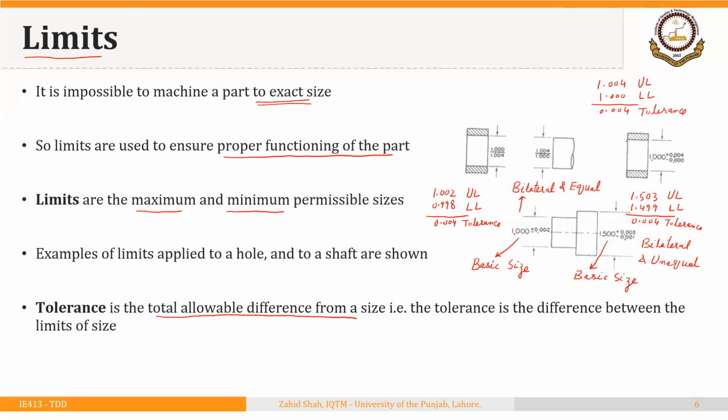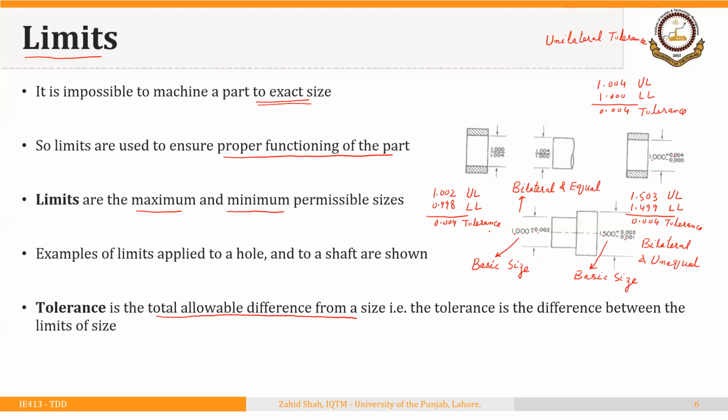The variation from the basic size is allowed in the upper direction only, and it is not allowed on the lower side. So that is example of unilateral tolerance. And that type of tolerance is actually very common in design. And you could notice here that the lower limit of 1.000 is equal to the basic size. So basic size and the lower limit are equal in this case.